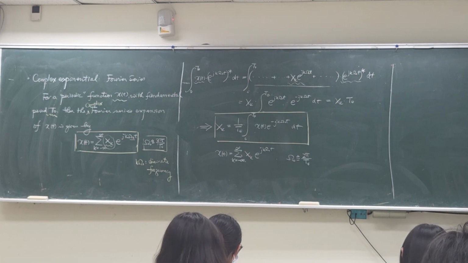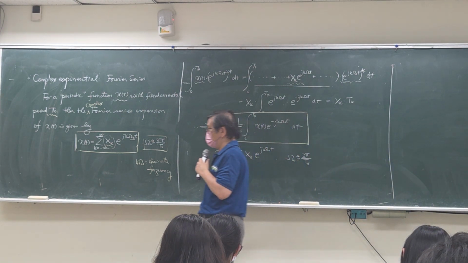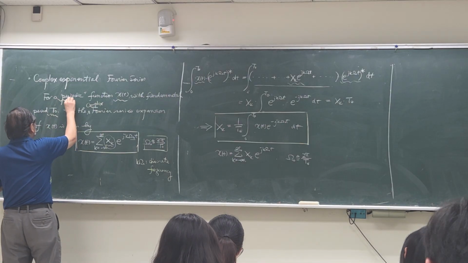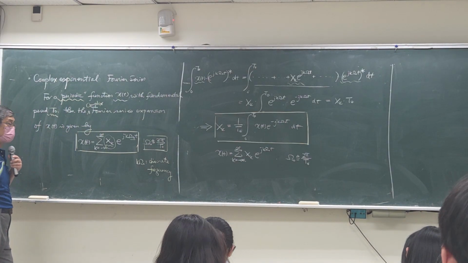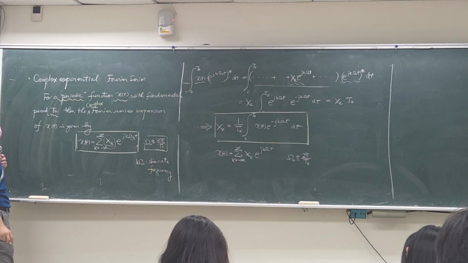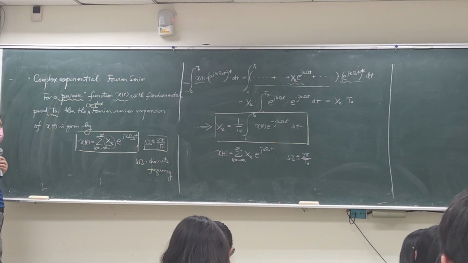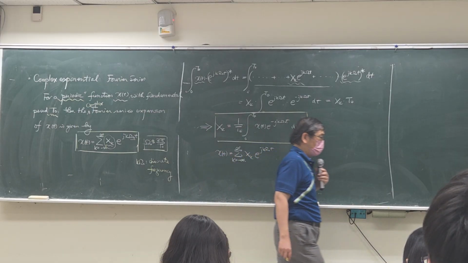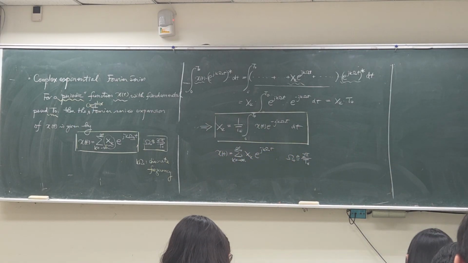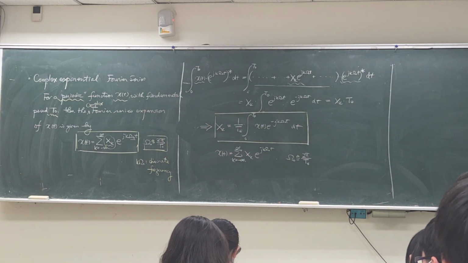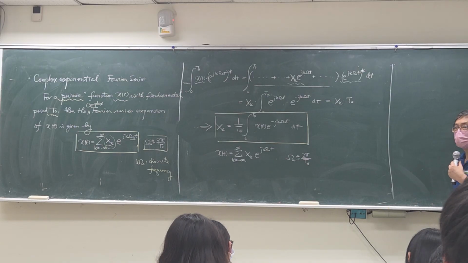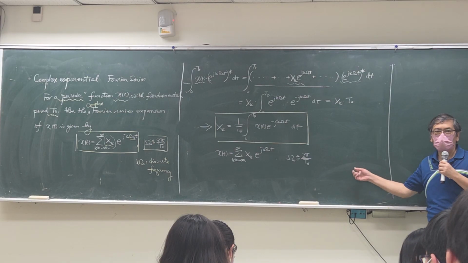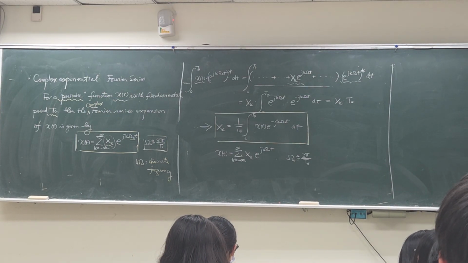One more time, let me remind you, in order to have a Fourier series, the function we are considering must be periodic. For a non-periodic function, we have another tool to deal with that, the Fourier transform, but it's not in this chapter, it is in the next chapter. All right, any question for the derivation here?